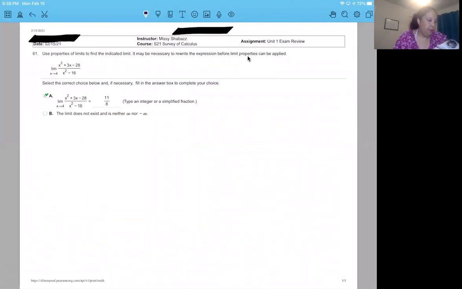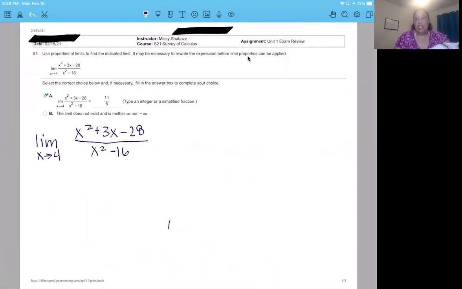Next question is use properties of limits to find the indicated limit. So I have the limit as x goes to 4 of x squared plus 3x minus 28 over x squared minus 16. Now, I can't do a direct substitution because if I plug in 4, I'm going to get something that's undefined. So I'm going to factor the numerator, factor the denominator, and see if I have anything that cancels.